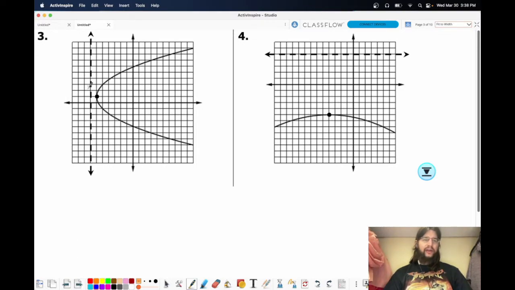Next one, we're given the directrix. Same concept as given the focus, it's just realize that the directrix is in the opposite direction of the focus. So the parabola opens away from our directrix and towards our focus. Process the same though, negative 6, 1 for our vertex.